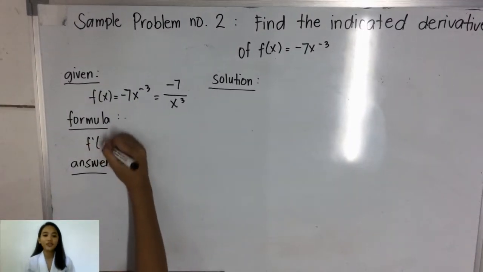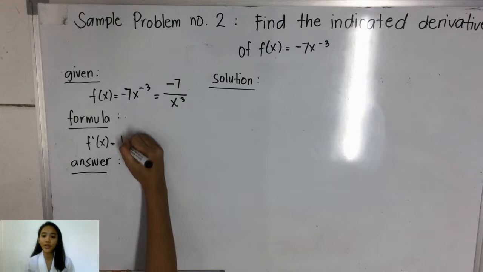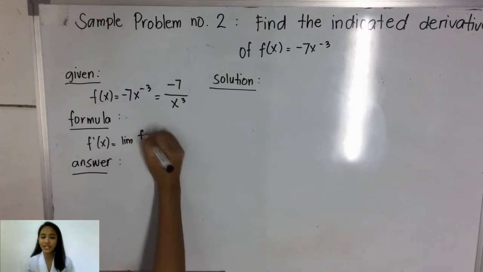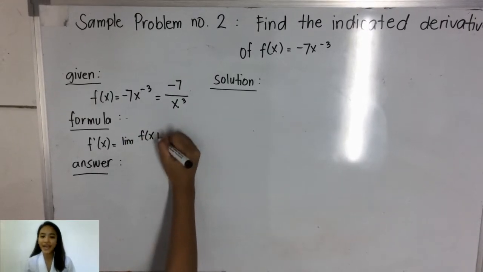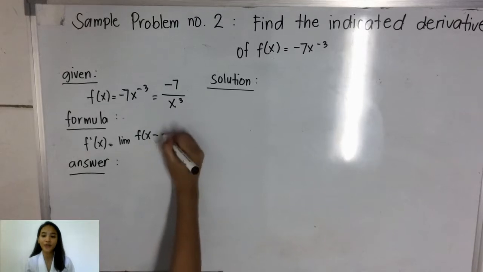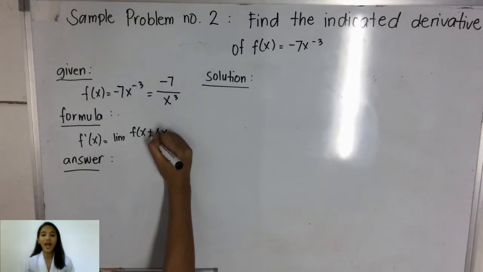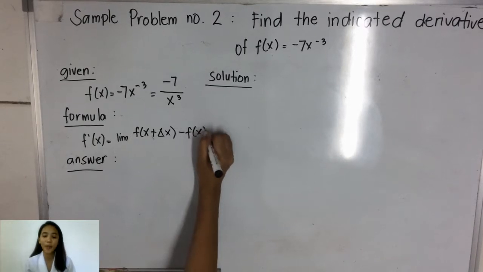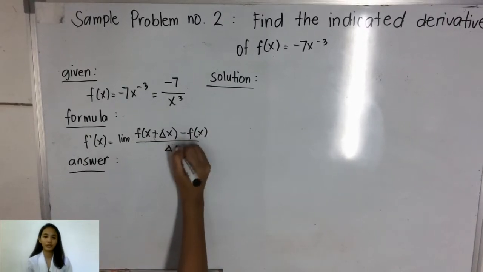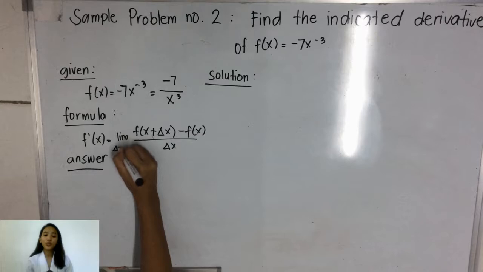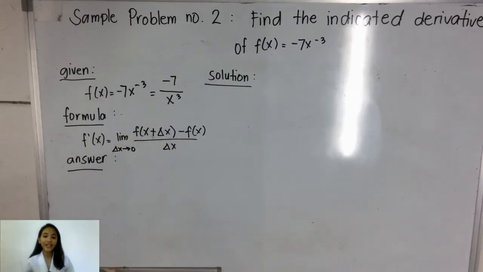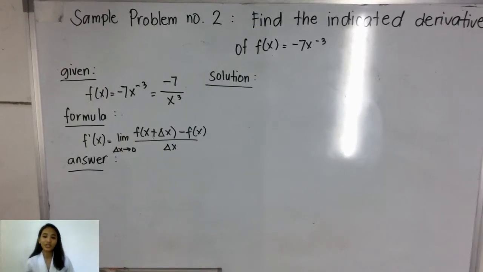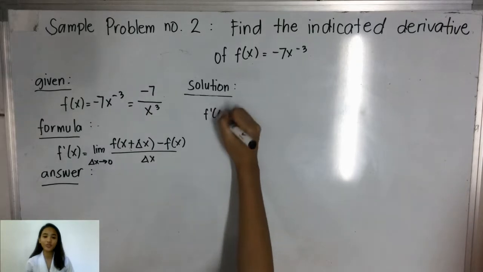After this, the first thing we want to do right away is to write the formula, which is f prime of x equals the limit of f of x plus delta x minus f of x over delta x as delta x approaches 0. Now that we have our formula already provided, the next thing to do is to substitute the equation into the formula.